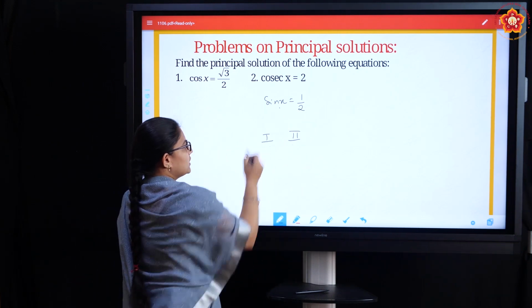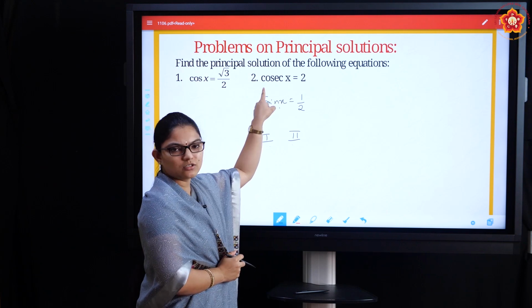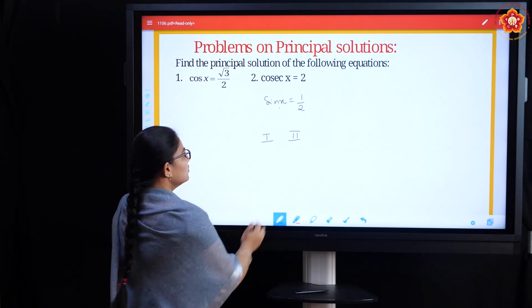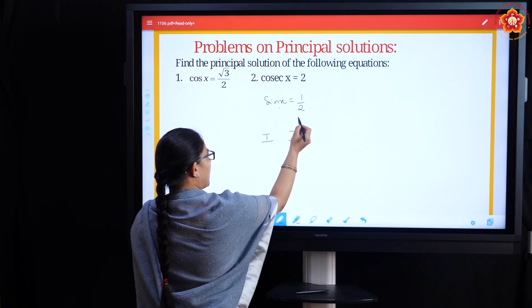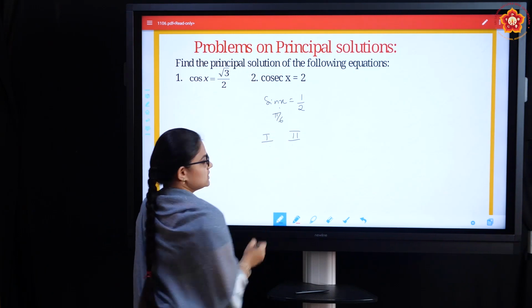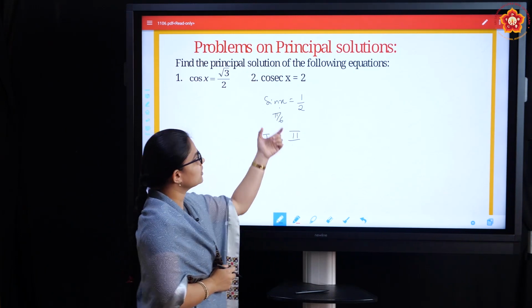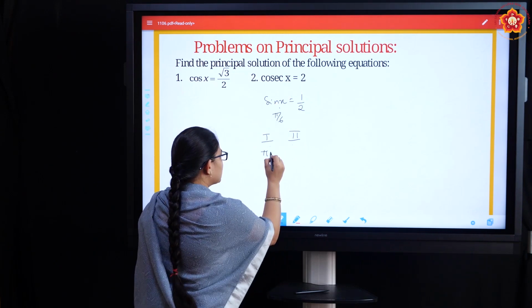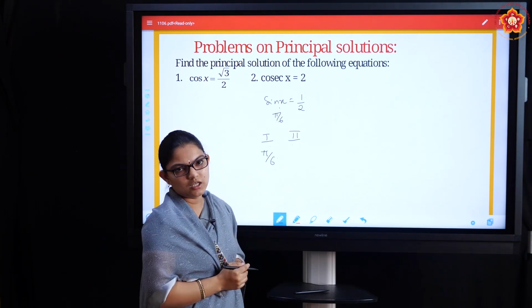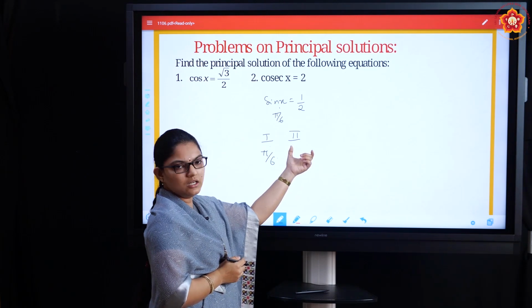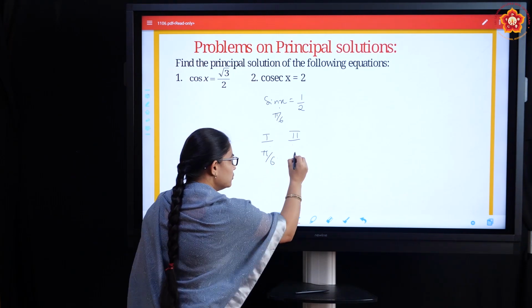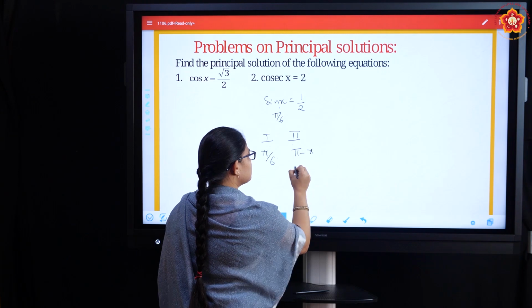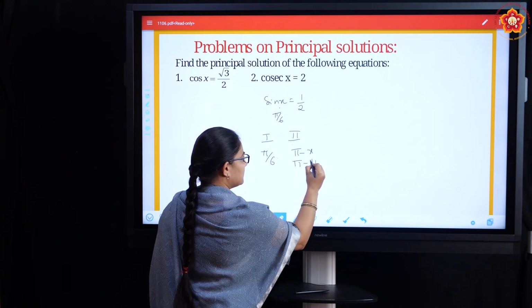So for what x do we get half? For that x only we get cosec x is equal to 2. So for what x do we get half? That is for pi by 6. Sin pi by 6 is half, therefore cosec pi by 6 is 2. So the first quadrant angle is pi by 6 here. Now what is the second quadrant angle? We have to do pi minus x, that is pi minus pi by 6.